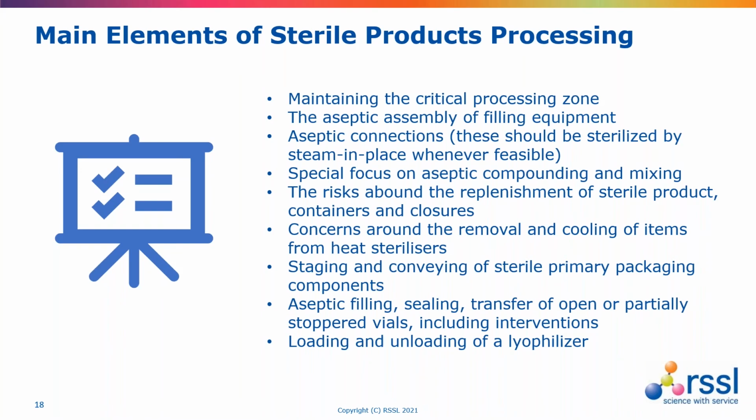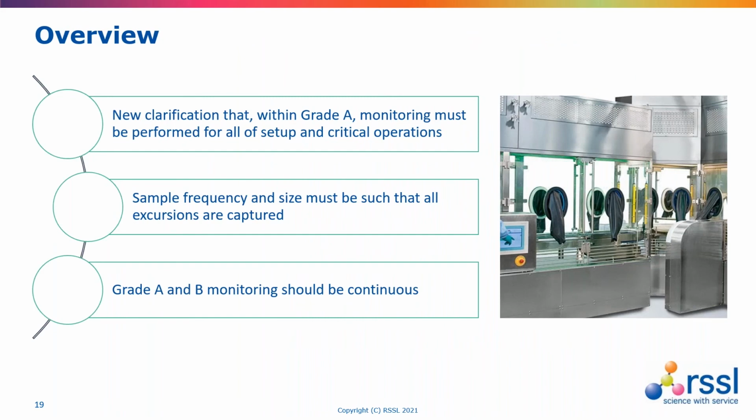So with aseptic processing considerations directly, there's also the clarification that the maintenance of grade A, the grade A concept, and supporting monitoring needs to be in place and performed from the point of setting up and for any other operation deemed to be critical.